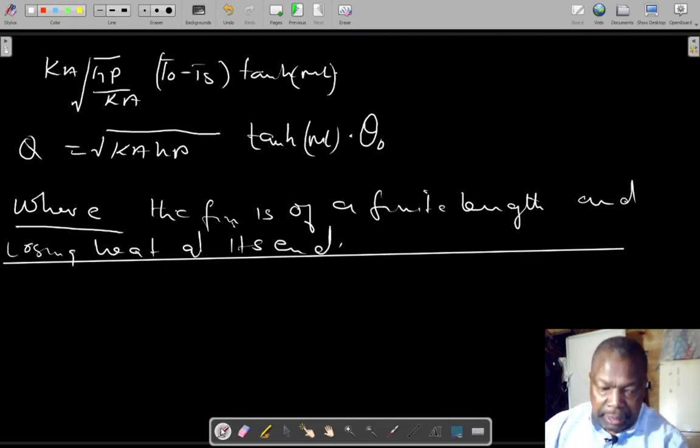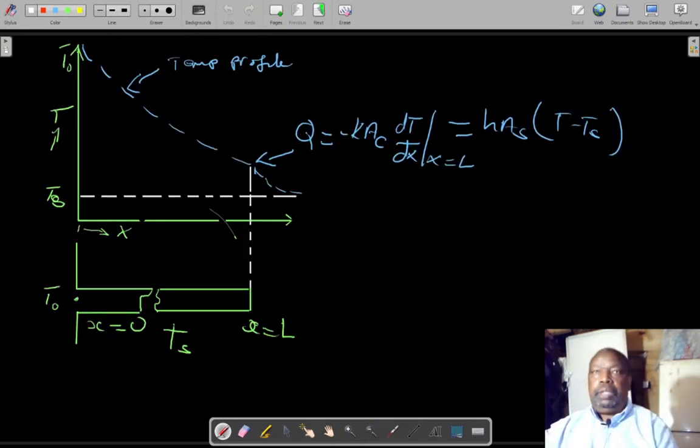So for that case we have, and that is our temperature distribution. So it is a smooth curve up to that point, then it suddenly becomes steeper at the end there.